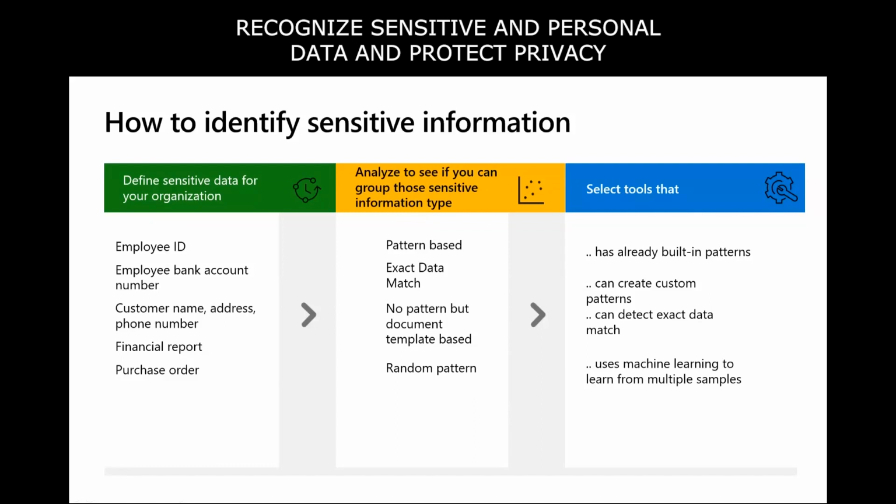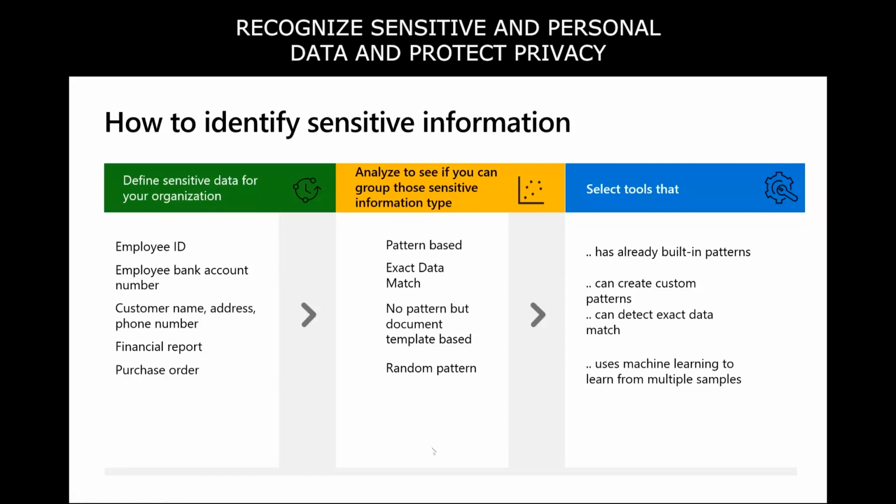But you also need the capability to create your own custom patterns, which don't fall into those built-in patterns. The tool can also have the ability to detect exact data match, and maybe use some machine learning to learn from multiple samples. Those are some of the capabilities or attributes of the tool that we are looking at here.